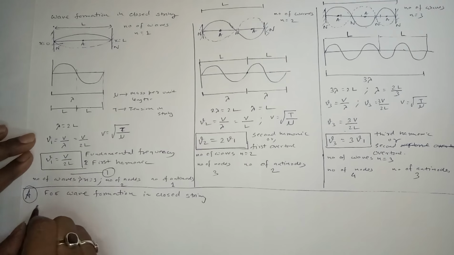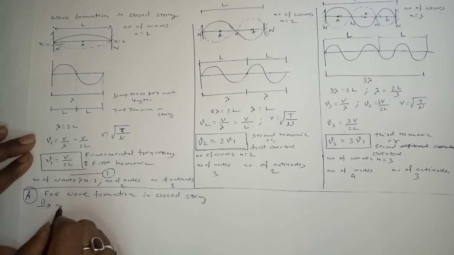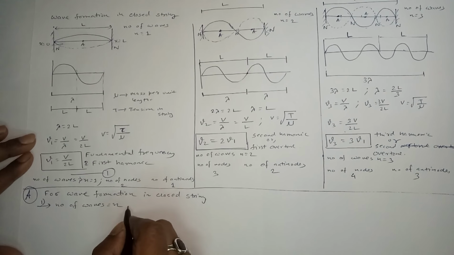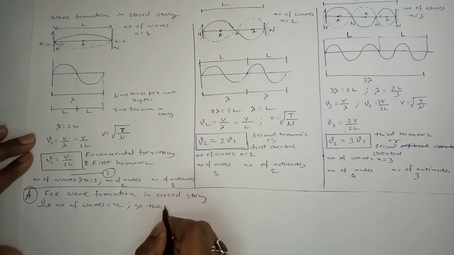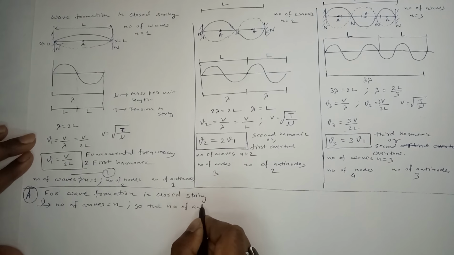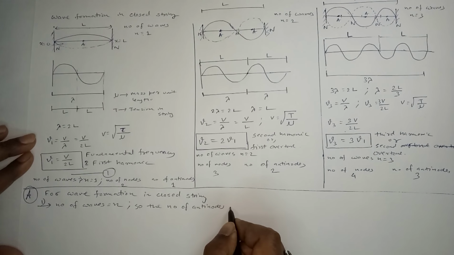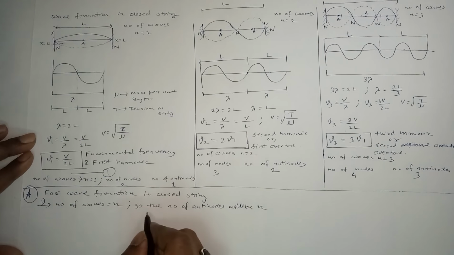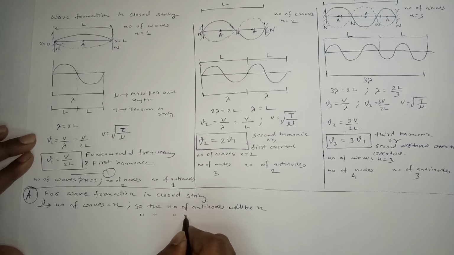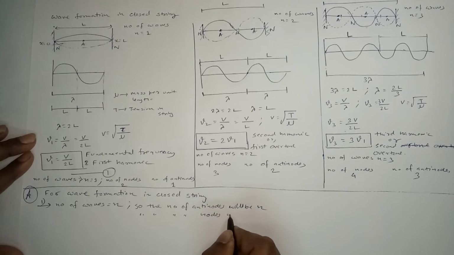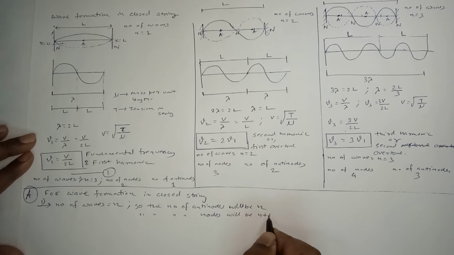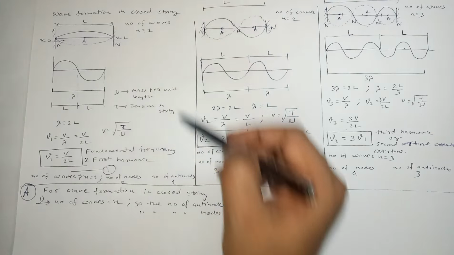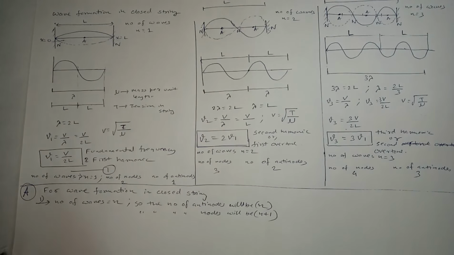First of all, point 1: if the number of waves is equal to n, then the number of antinodes will be n, and the number of nodes will be n plus 1. For n equals 1 you can see here is 2, n plus 1, and this is n itself. For every case you can see that.